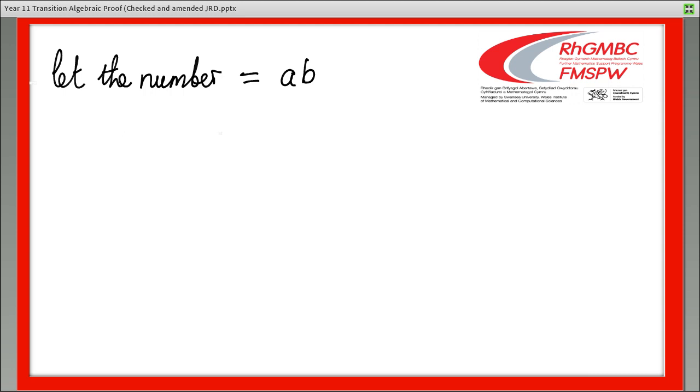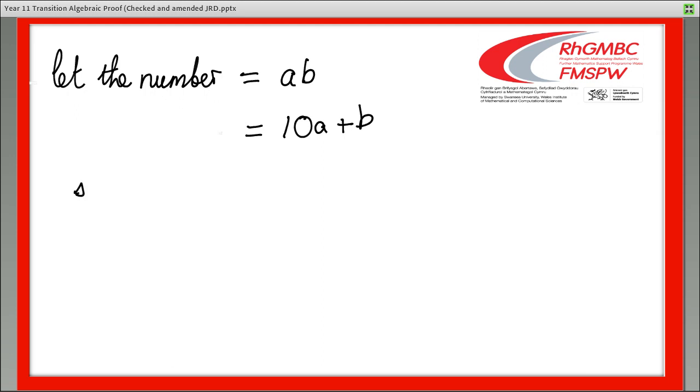Now, that number AB means A in the tens column and B in the units column. So technically, if A and B are single digit numbers, we actually have 10A plus B. So that's what AB actually means. 10 lots of A plus B. So if you think of, I don't know, 74, that's 7 lots of 10 plus 4.